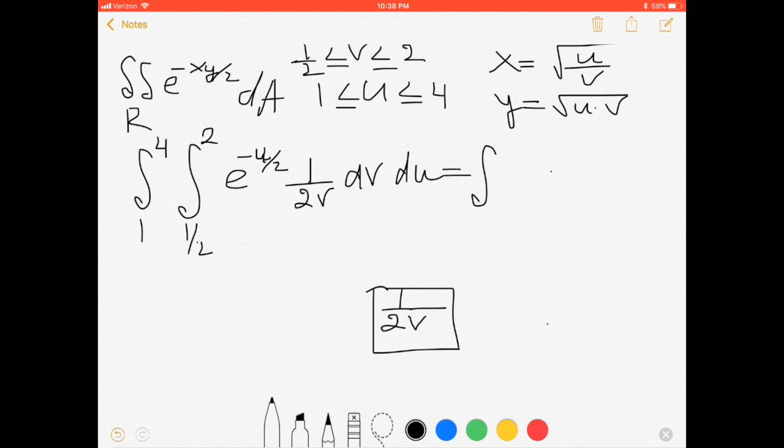Then we have the integral from 1 to 4 of e to the negative half of u power, and 1 over 2, we can write 1/2 there. And the v over v, it will be ln v, where we plug in for v, 1/2 and 2, du.